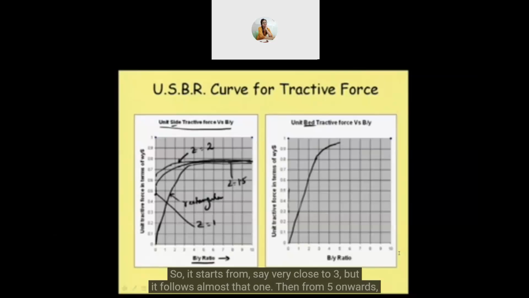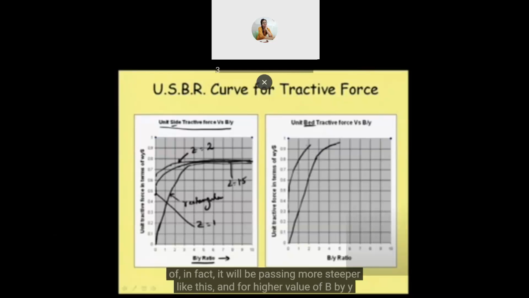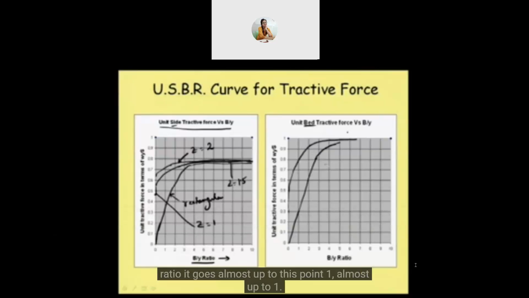Then from 5 onward, it just leaves this axis, and then it goes like that. And for higher values, it will be passing more steeply like this. And for higher values of b by y ratio, it goes almost up to this point 1, almost up to 1.